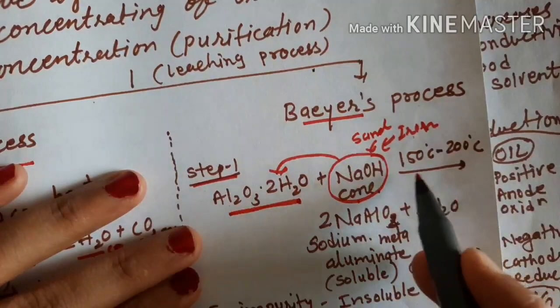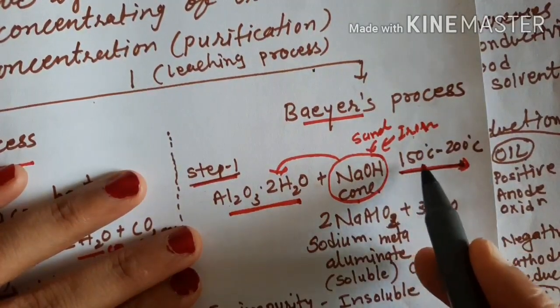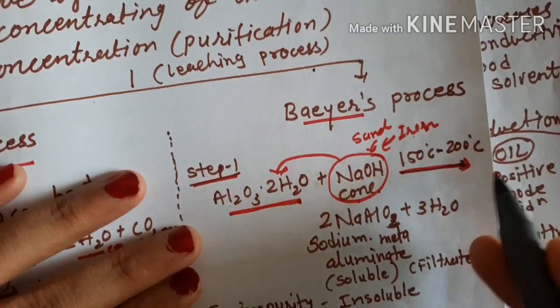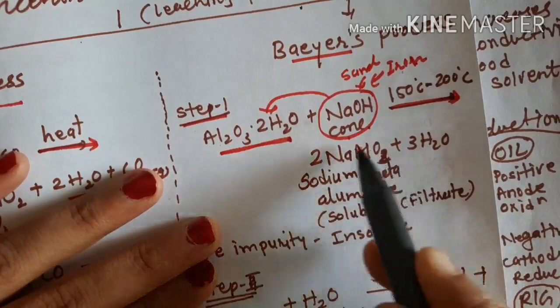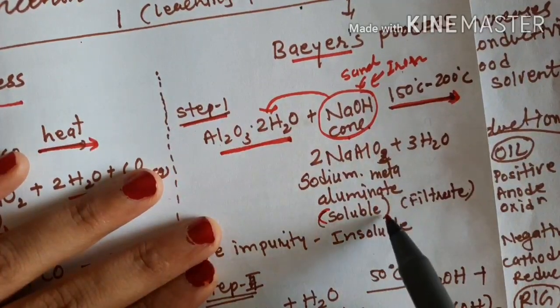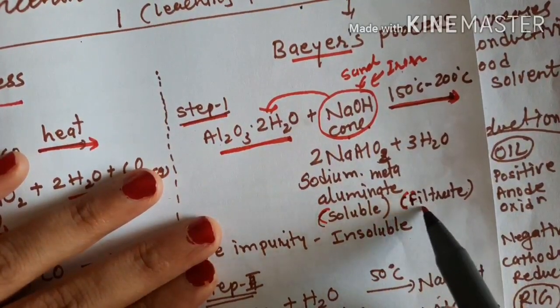Now when we heat this solution at 150 or 200 degrees centigrade, we will get sodium meta-aluminate, which is soluble, present in filtrate form.